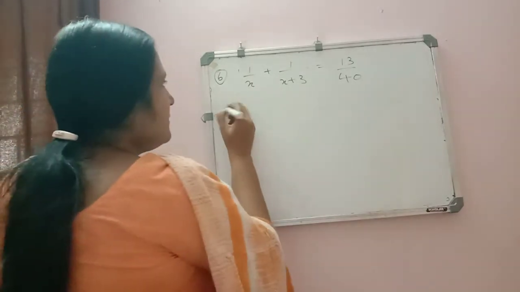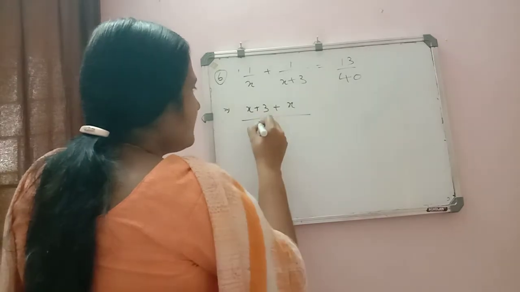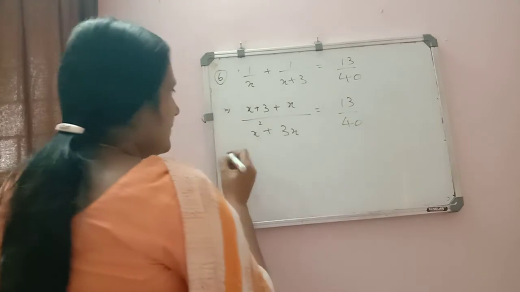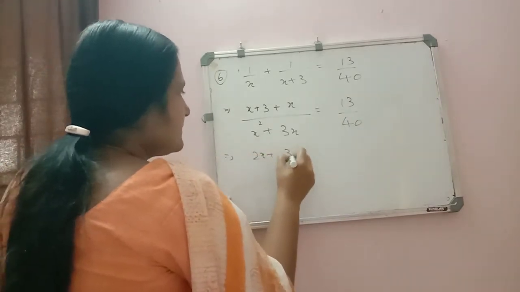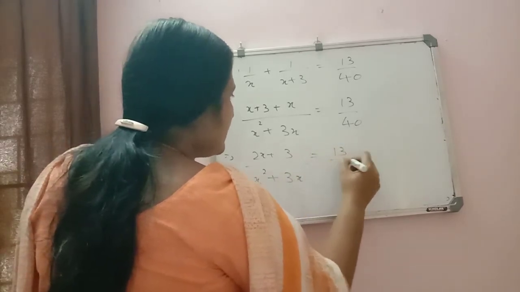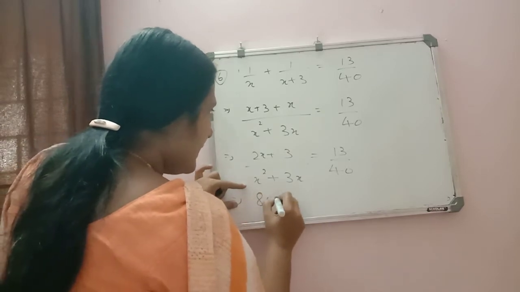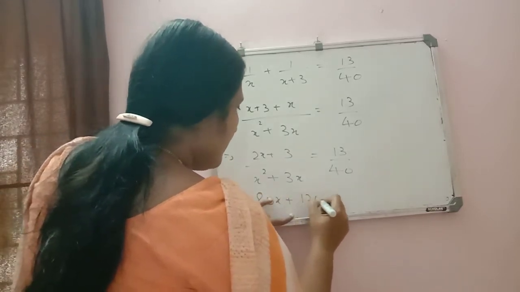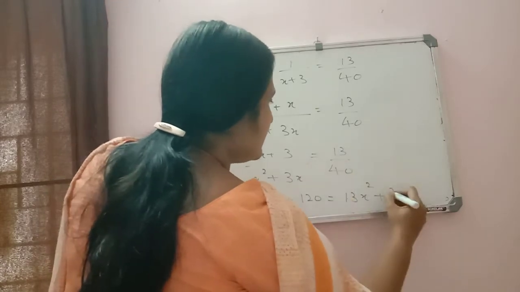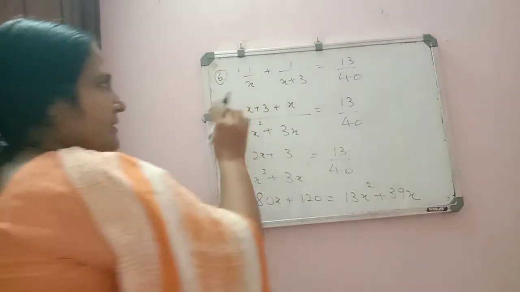So it will be equal to x plus 3 plus x by x square plus 3x is equal to 13 by 40. 2x plus 3 by x square plus 3x is equal to 13 by 40. Cross multiplication. So it will be equal to 80x plus 120 is equal to 13x square plus 13 3s are 39x. Shift all the expression to one side.